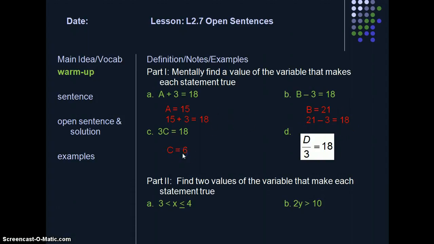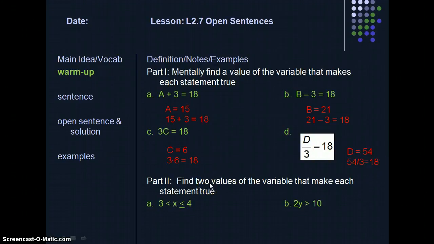If we take a look at c, here we find that c equals 6. If we go ahead and take a look at substituting 6 in the original equation for the c, we find out 3 times 6 equals 18. Over here, if we substitute d equals 54, 54 divided by 3 equals 18.